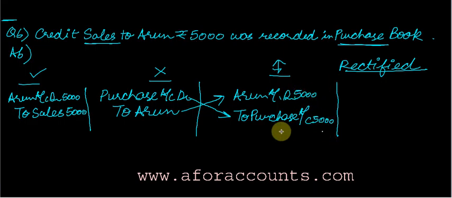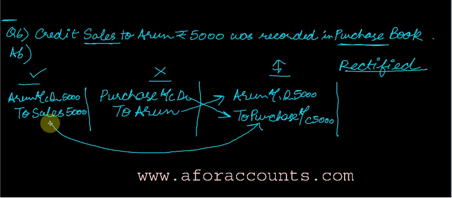For the rectified entry, I will compare the right and the reverse entry. And what can I cancel here? I'm afraid there is nothing to cancel, because Arun is in debit, there is no Arun in credit. Sales is in credit, there is no sales in debit, but I have 2 Aruns at the debit side.